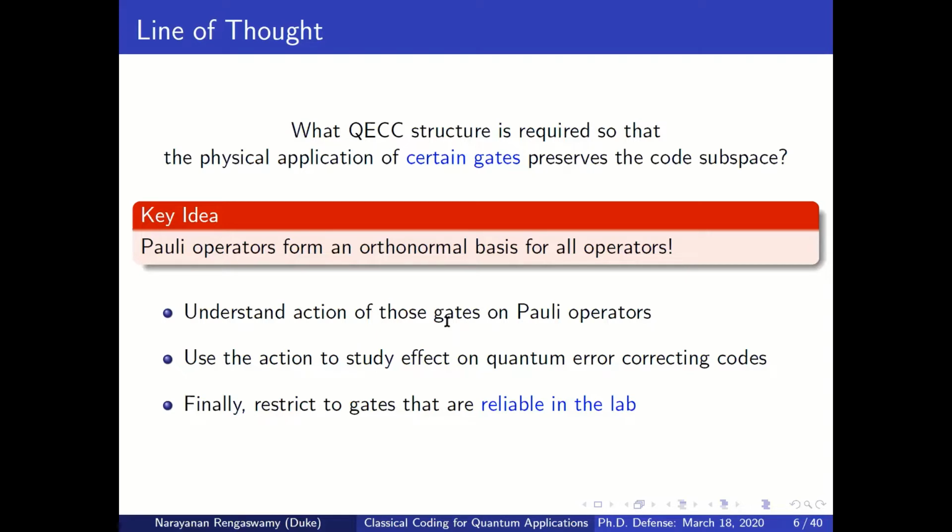Just as terminology, gates or circuits or operations all mean the same as far as this talk is concerned. So we understand the action of gates you do in the lab on the Pauli matrices, and then use that to characterize how they affect quantum codes. And then finally, we want to restrict to things that are reliable in the lab, or fault tolerant. So that will be our strategy for this talk.